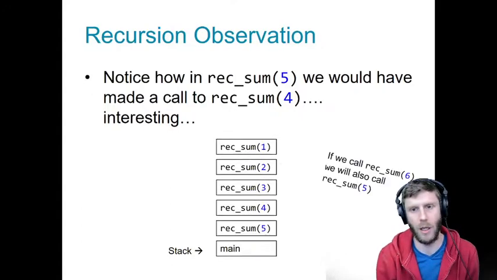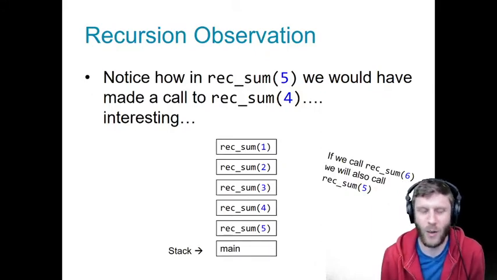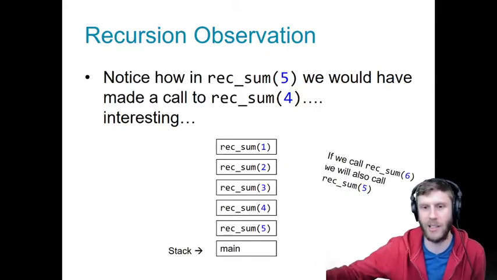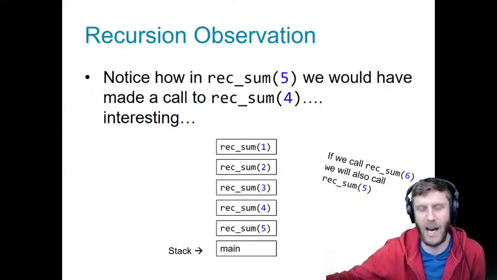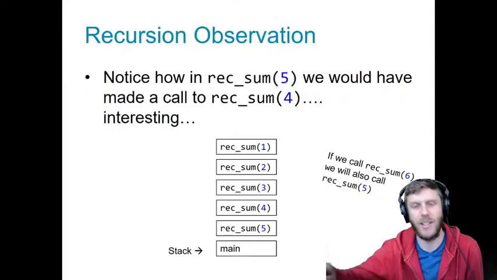So if we call rec sum 6, we are going to inevitably call rec sum 5. Notice how the solution to rec sum 5 is needed for rec sum 6. This is what I was talking about yesterday.